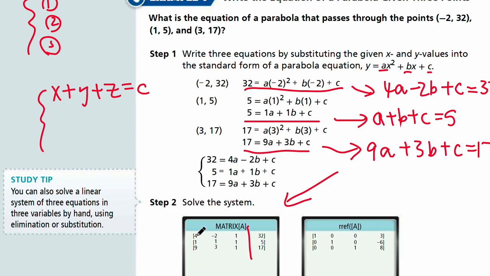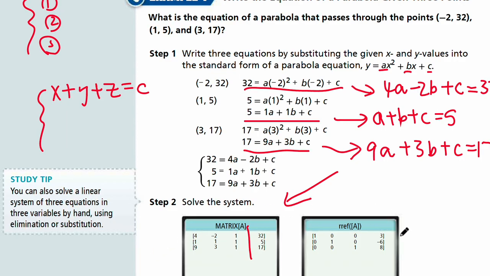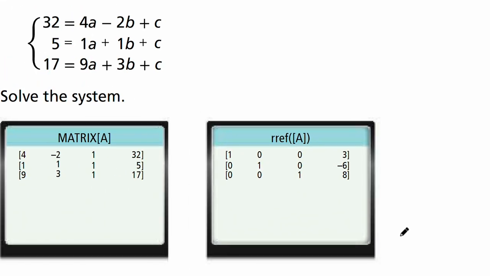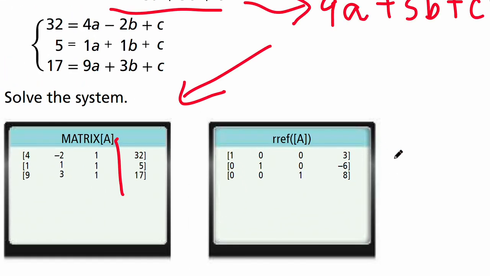Then you have a is equal to 3, right? Now we have a is equal to 3. And then b is equal to -6.